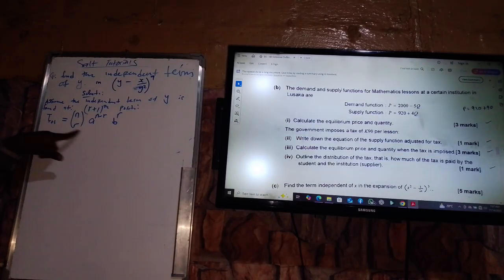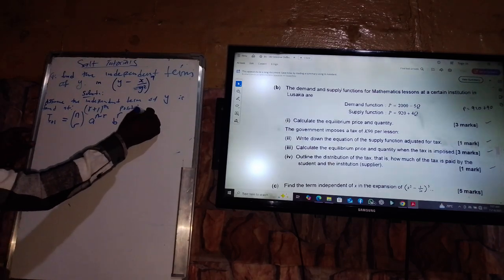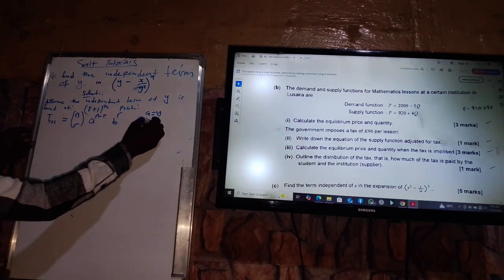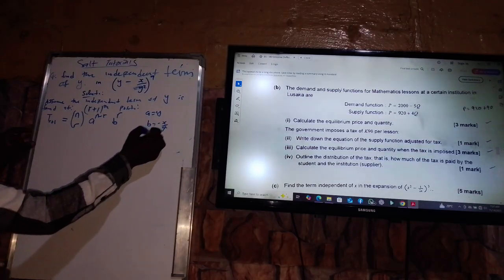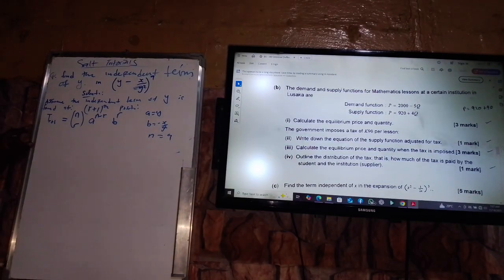So what is our next stage? It is to solve for r. Here a is equal to y, b is equal to negative x over y squared, and n is equal to 9. Replace everything there.